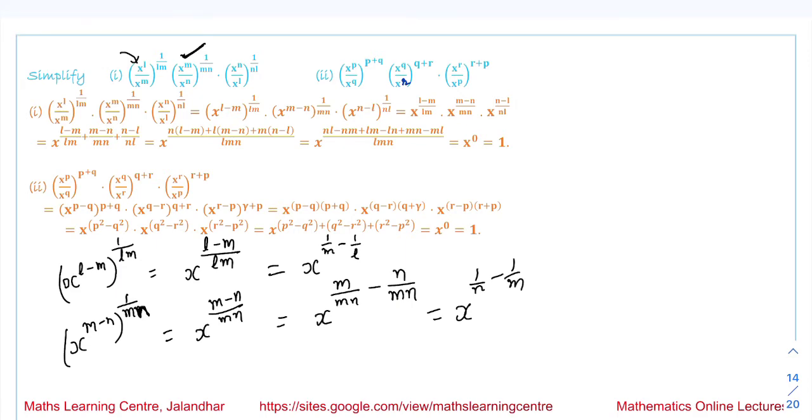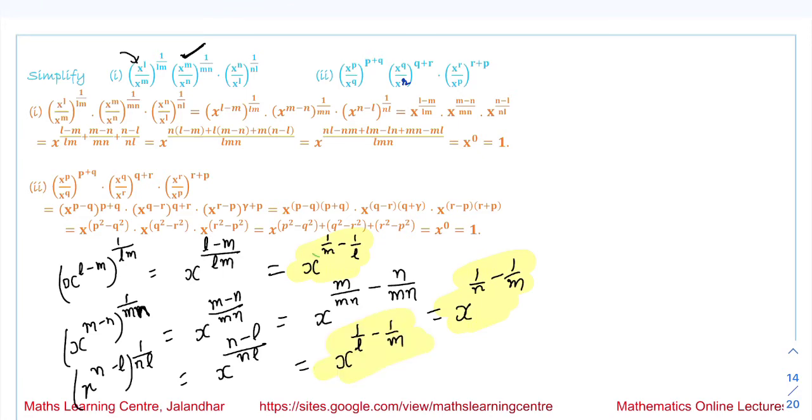Similarly, for the third term, it is x raised to the power n minus l, raised to the power 1 over nl. This is x raised to the power n minus l over nl. This is equal to x raised to the power 1 by l minus 1 by n. Now we have to multiply these three terms.